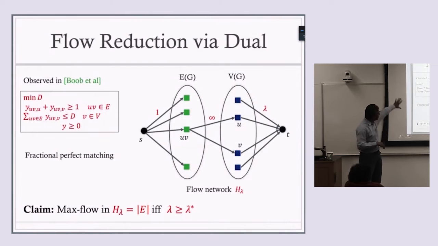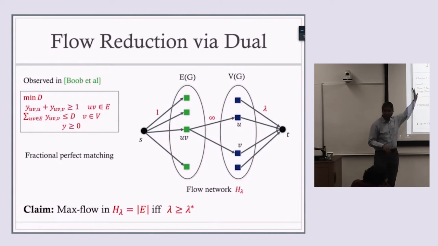The dual looks like the following. I want to think of an assignment problem. What is the assignment problem? I'm going to assign the edges of the original graph to the vertices. So think of a bipartite assignment graph.